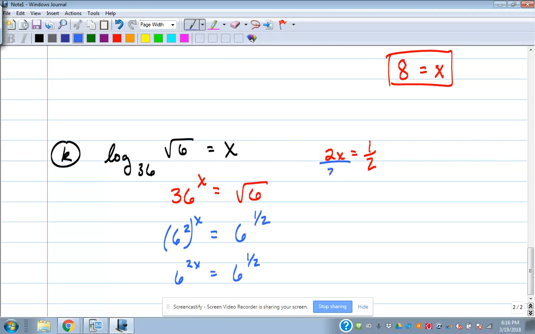I'm going to divide by 2. If you take half of a half, what do you get? A fourth. X is 1/4. All through rewriting it as an exponential.